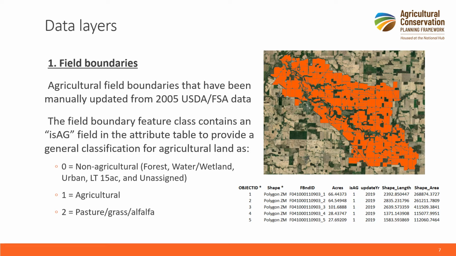Here you can see an example of what the ACPF field boundary dataset looks like. Each polygon in the layer represents a field with one of three classifications: non-agricultural, agricultural, or pasture grass alfalfa. This information is important for citing practices that can't cross field boundaries or that aren't appropriate where perennials are growing.